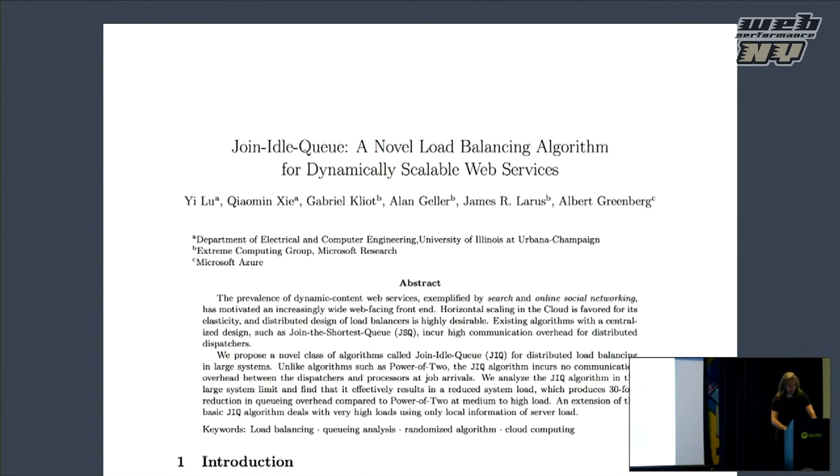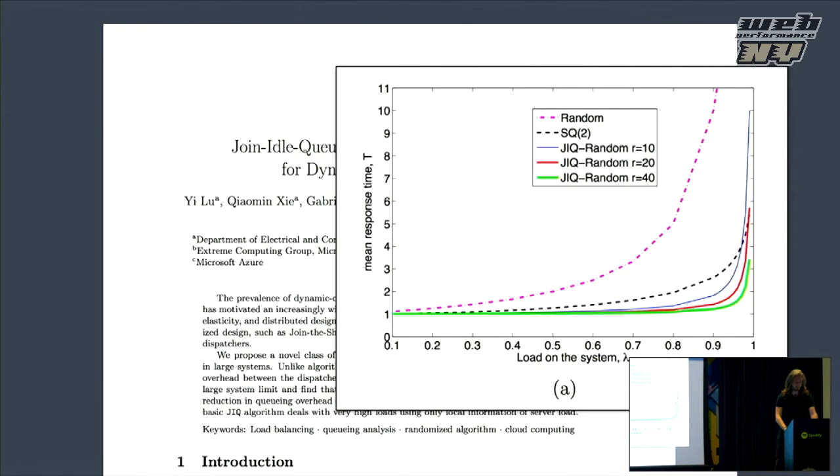And they show some pretty impressive numbers for this, where the response time ends up looking better and better. So random is shown there in the purple, and SQ2 is the power of two choices one, again, the black line there. And for the join idle queue one, they show that it's an improvement even beyond that, which is pretty impressive.